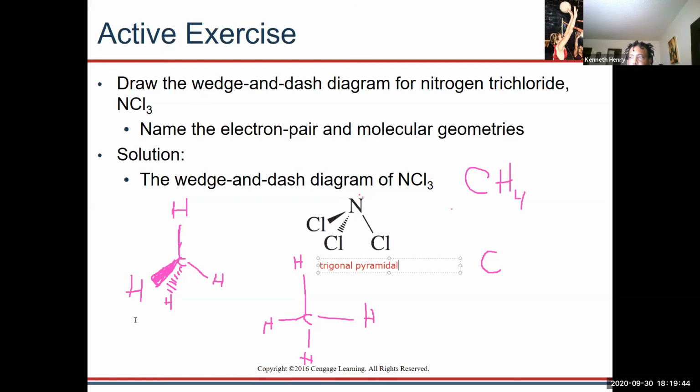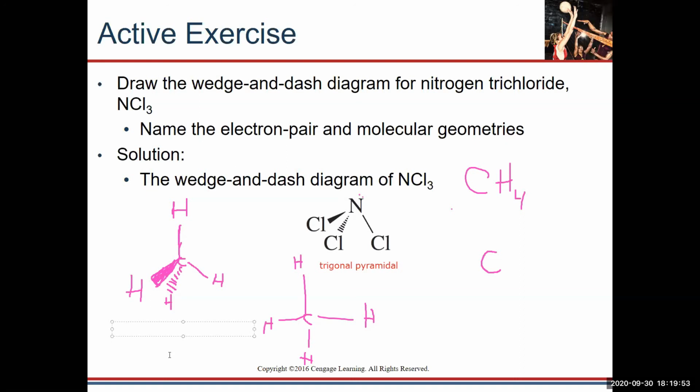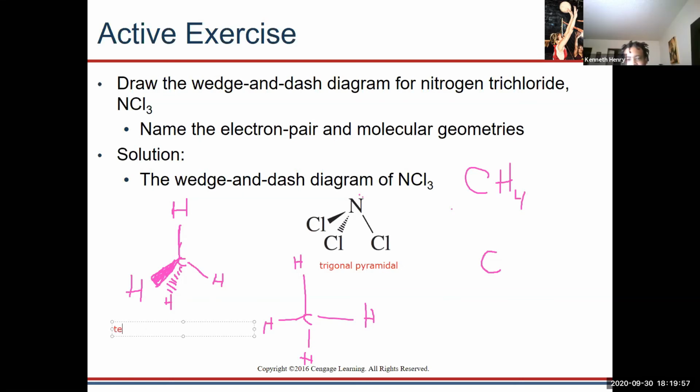And this guy would be, that one would be the tetra, right? That's right. This one would be the tetra. Okay, so now Matt, tell me the electron pair geometry of this guy.